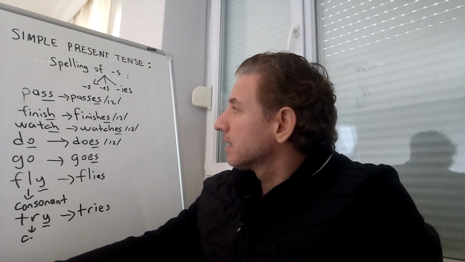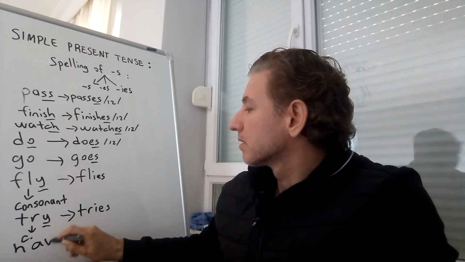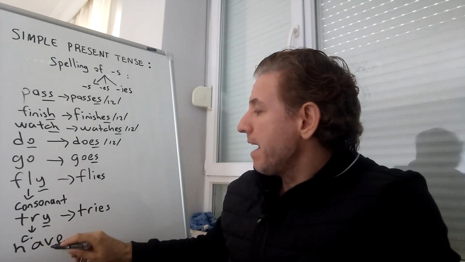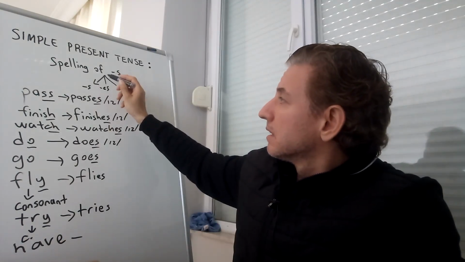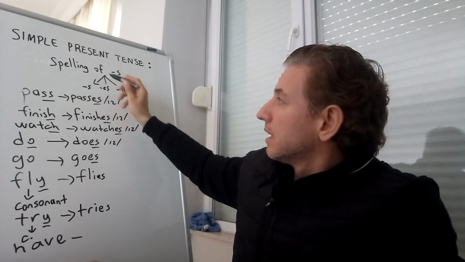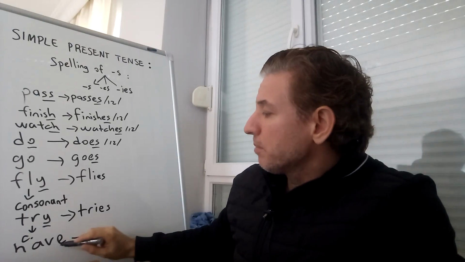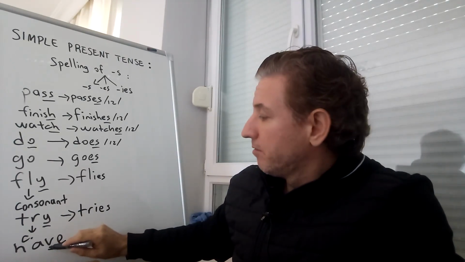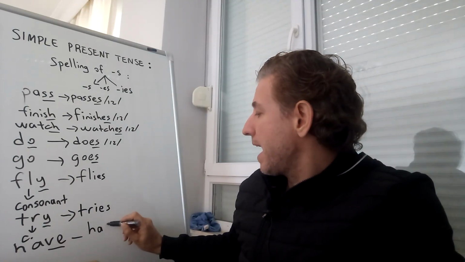And there is have. Have is an irregular verb, so it doesn't take these endings, but the form changes, okay? We omit V and E and put S instead. Have transforms into has.